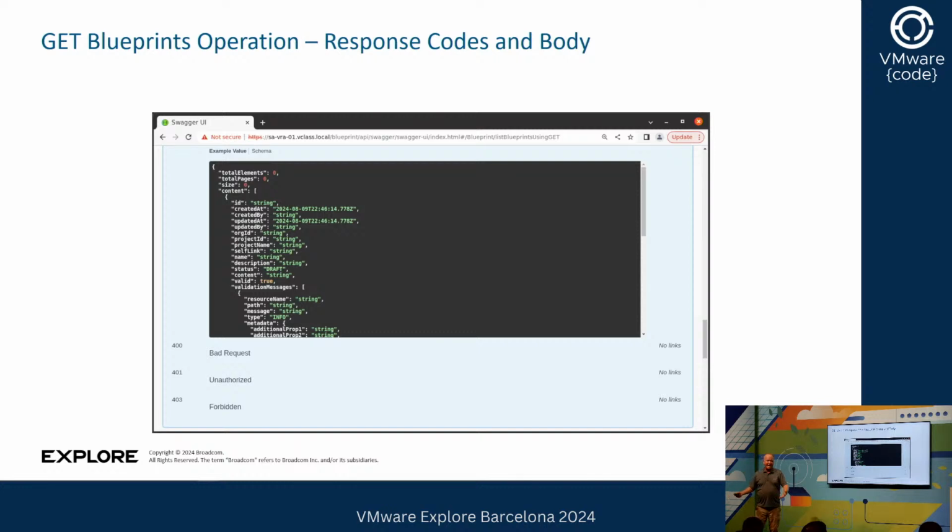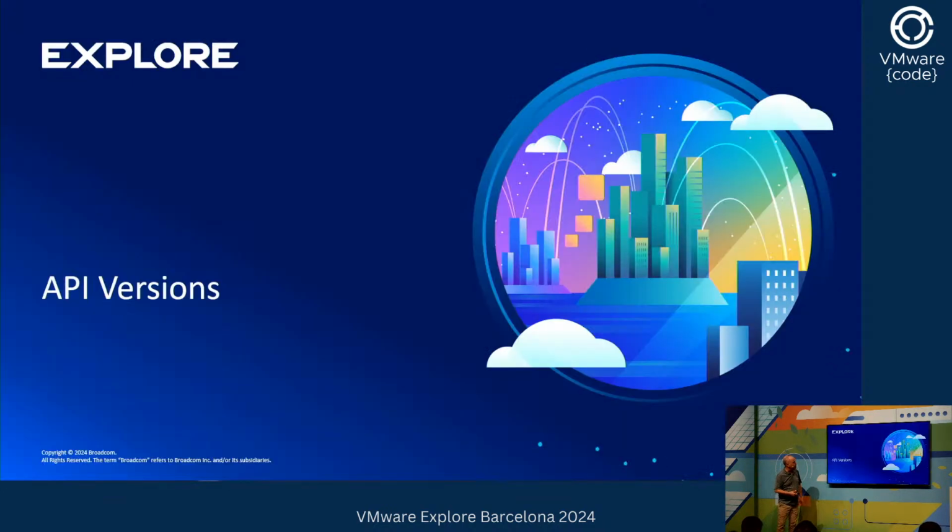You might just be logging in with an end user account that is not allowed to see the blueprint information. On the other hand, 403 means you're not authenticated at all. So, like most of the REST operations, in order to do these REST operations, you have to be authenticated. So we're going to talk about that again in a moment.